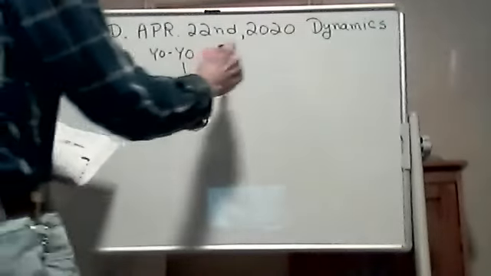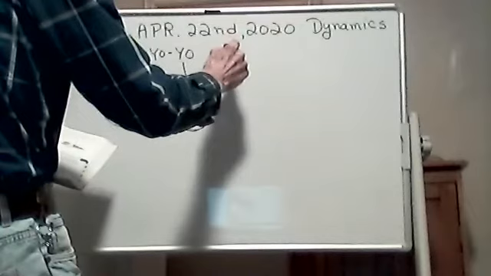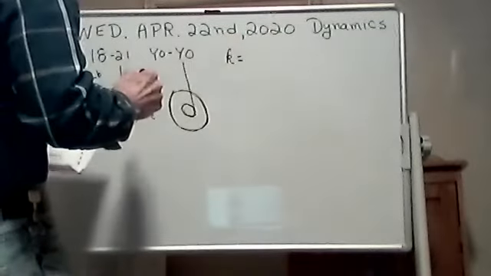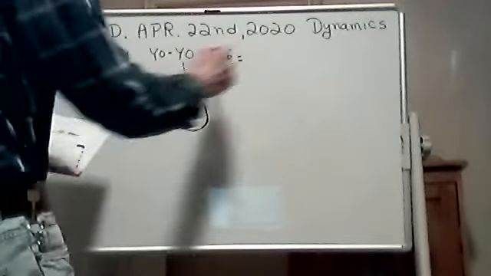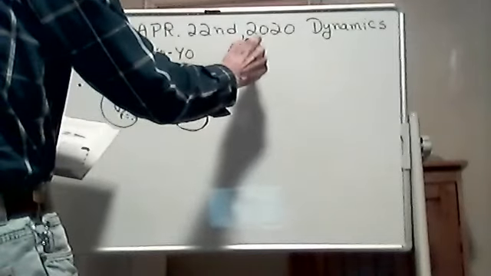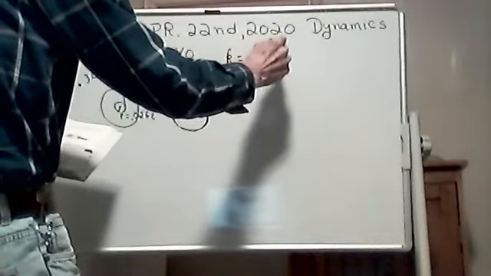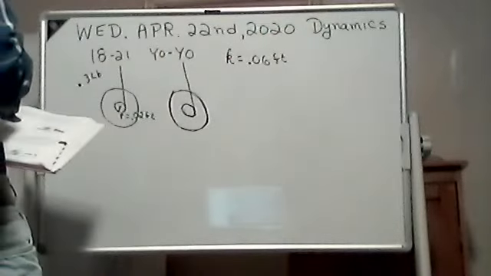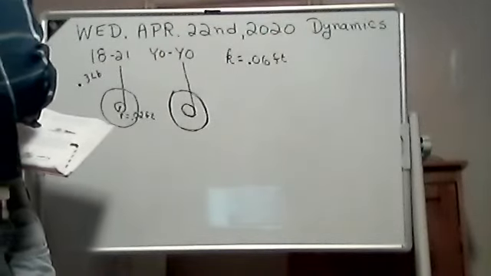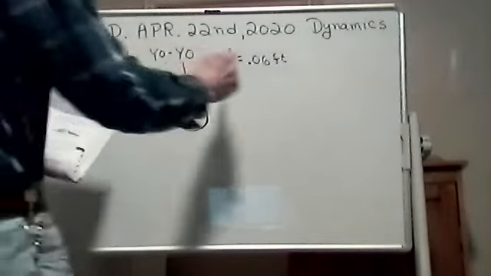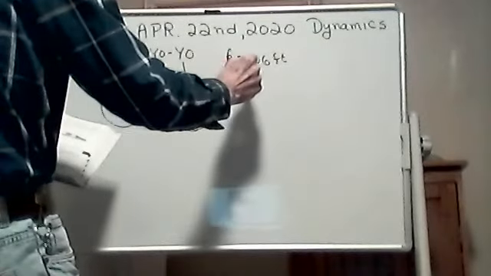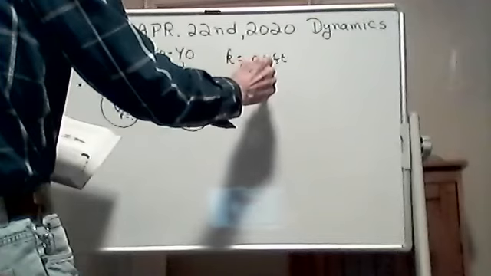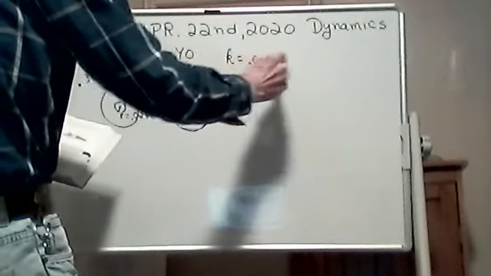And the radius of gyration is 0.06 feet. And it's going to have an angular velocity of 70 radians per second.